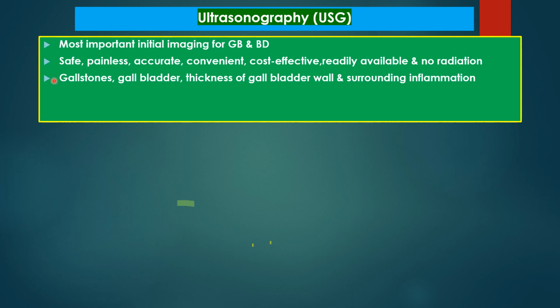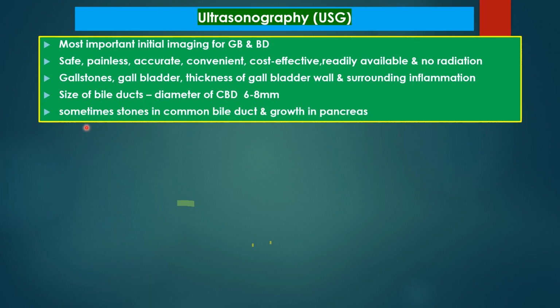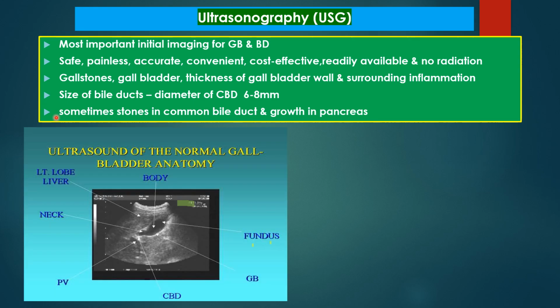It is capable of detecting gallstones, thickness of the gallbladder wall and surrounding inflammation. It can detect the size of the bile ducts. The normal maximum diameter of the common bile duct is 6 to 8 millimeters. Sometimes stones in the common bile duct and growth in the pancreas can also be detected by ultrasound.